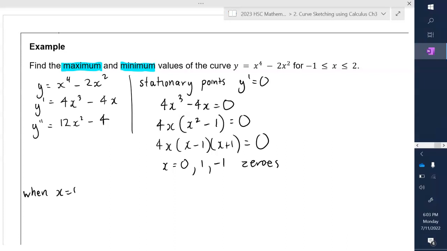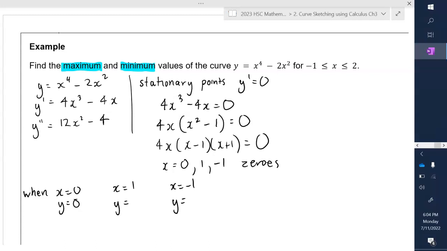We have the x values of our stationary points, now we need to find our y values. So when x is 0, we're going to find what y equals. When x is 1, we're going to find what y is equal to. And when x is minus 1, we're going to find what y equals. What you need to do to get your y values is put each of these values one at a time into this function up here. So when x is 0, y is going to be 0. When x is 1, y is not going to be 1.